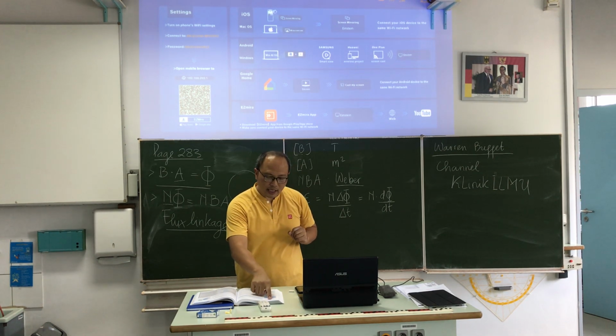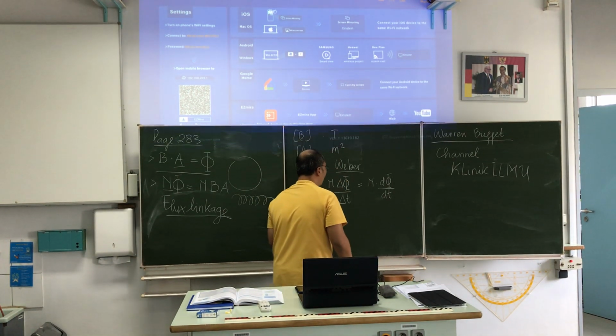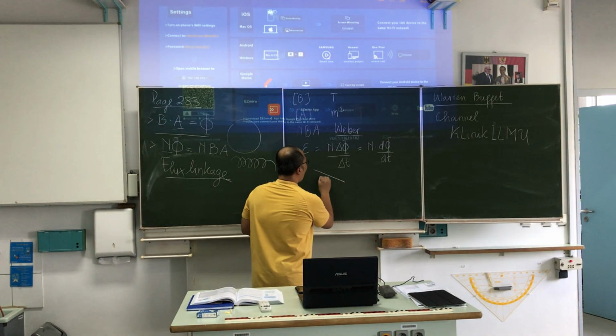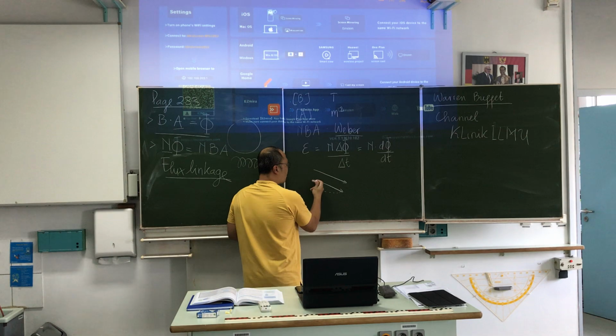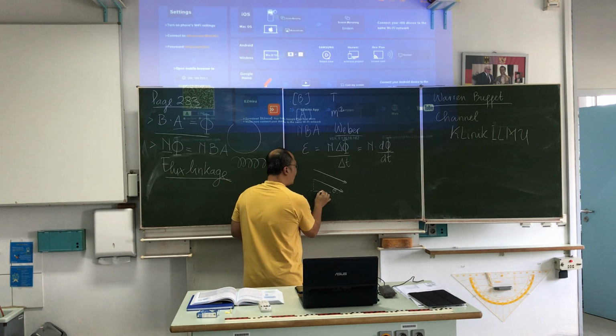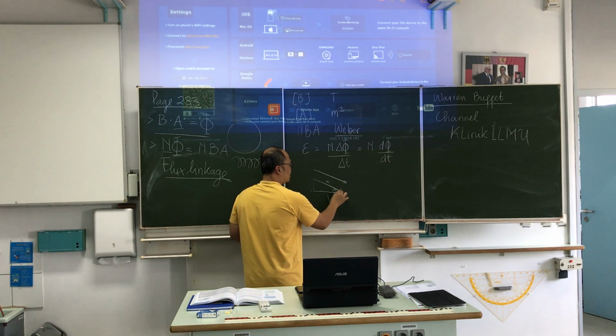Therefore, as you see here, you don't take all the lines you have here, but rather you first resolve them into these directions. You take the component, since this is theta, so only this part can effectively produce electricity.